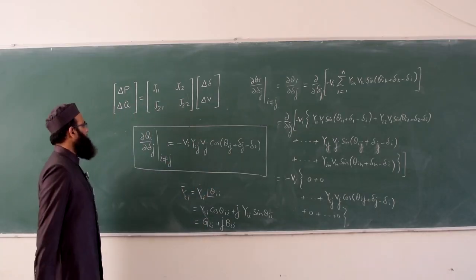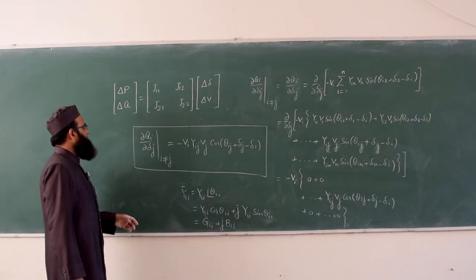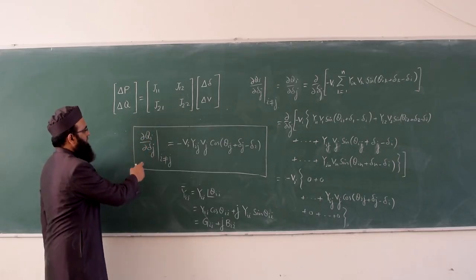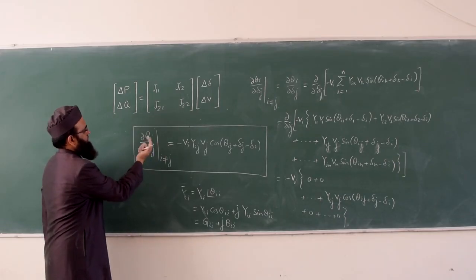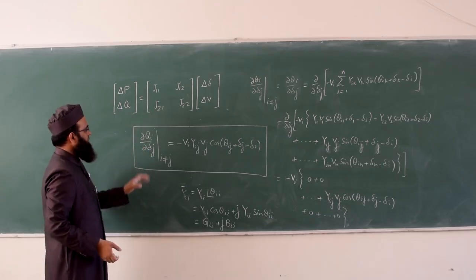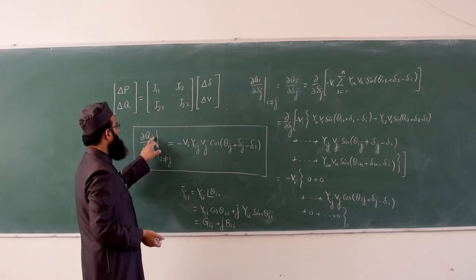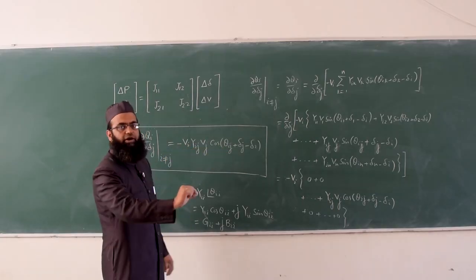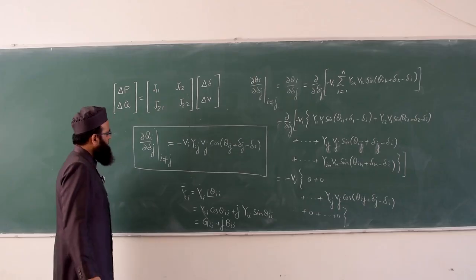Suppose we want to evaluate the elements corresponding to J21, say del Q5 upon del delta 3, because I is not equal to j. So, directly take I is equal to whatever you are taking, j is equal to whatever you are taking, substitute the corresponding value here, directly we can get, that is easy for us.